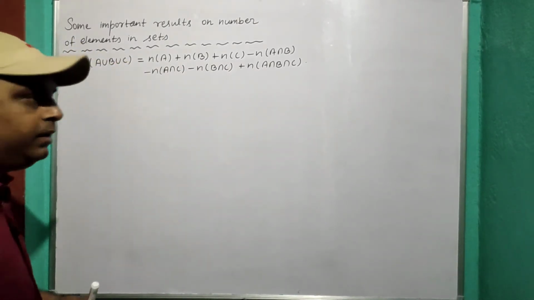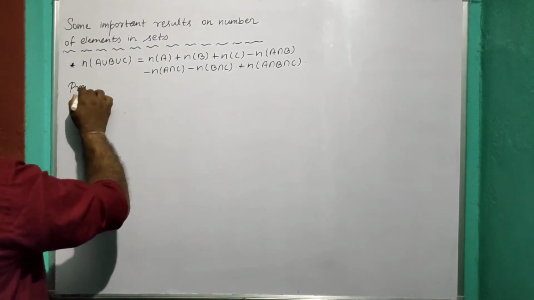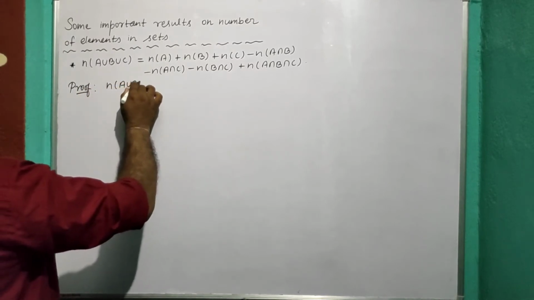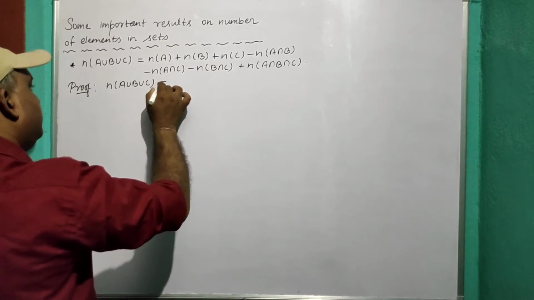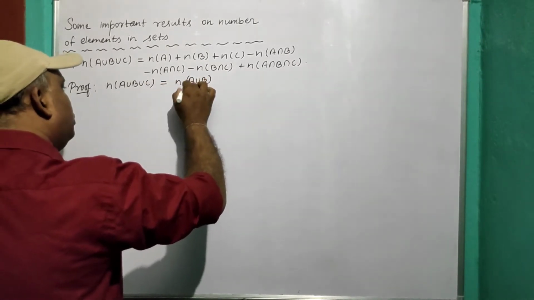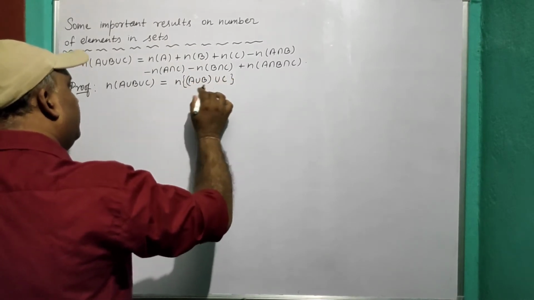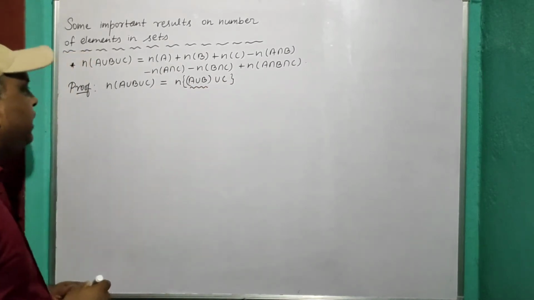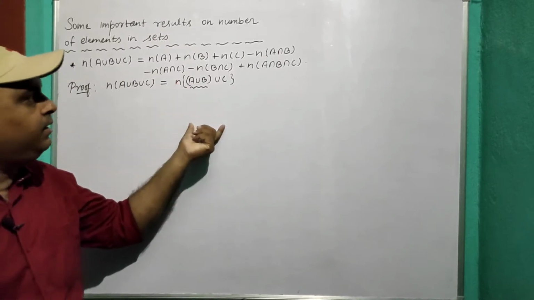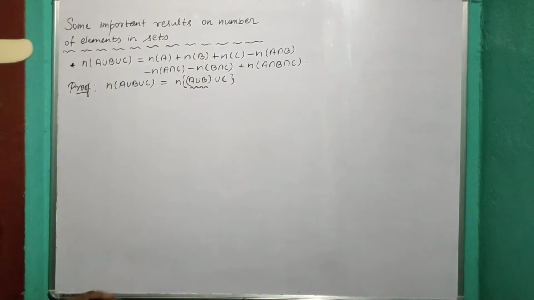तो चलिए प्रूफ करते हैं, कैसे प्रूफ होगा ये. Now to prove this, consider any two sets as a single set. Like you can observe that I consider this A union B as a single set and this C as some other set, like a second set.